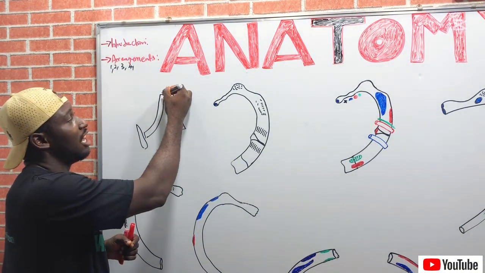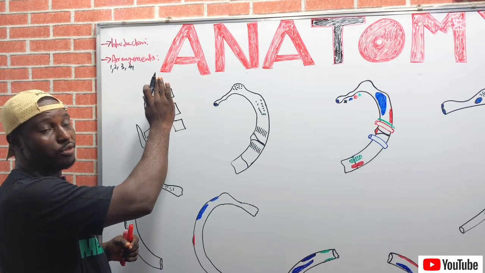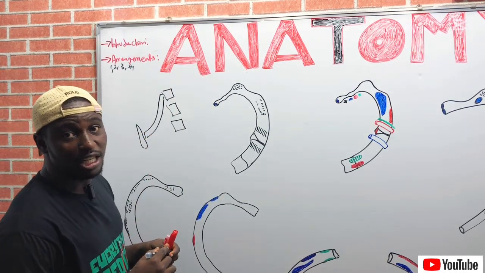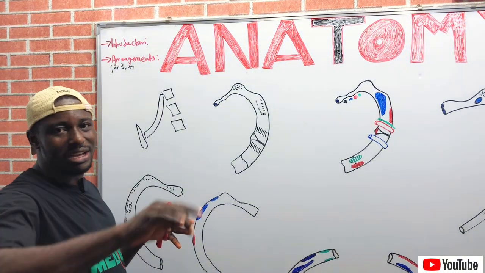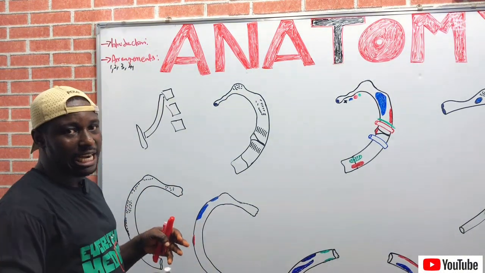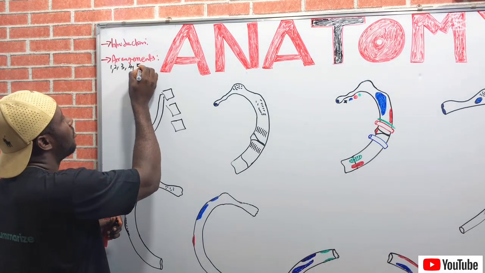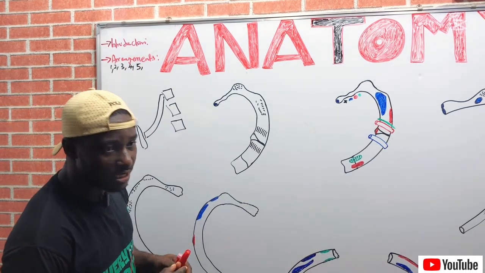The posterior end always lies on an upper level compared to the anterior end. That is the fourth arrangement of the ribs on the thorax. They are not arranged transversely, horizontally or vertically. They are arranged obliquely.